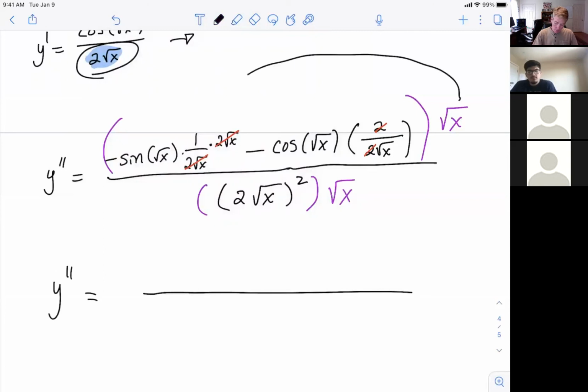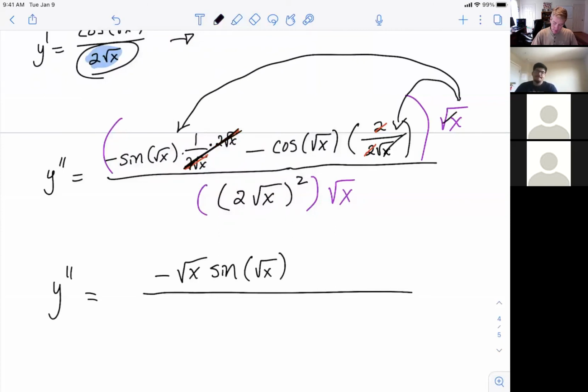So when you distribute the radical x over here, personally, I would just put that in front of the sine x. So, I mean, the sine squared x. So the radical x and the negative sign could go in front of sine radical x. Then the rest of this stuff canceled. When you distribute it over here, they're actually going to cancel each other out.